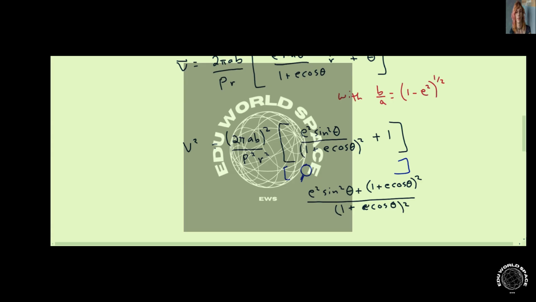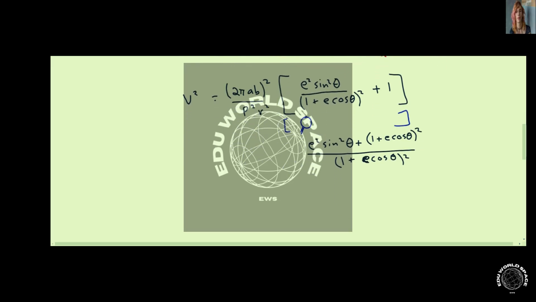It's usually what we wind up doing, even though that's algebraically kind of a mess. And we can expand out the binomial. We will wind up with epsilon, eccentricity squared, times sine squared plus cosine squared, which is nicely 1, plus 1 squared, that's an easy one, plus 2 e cosine theta.